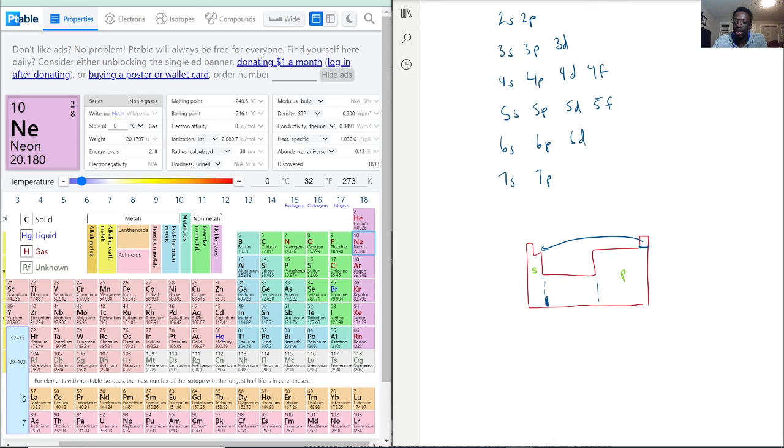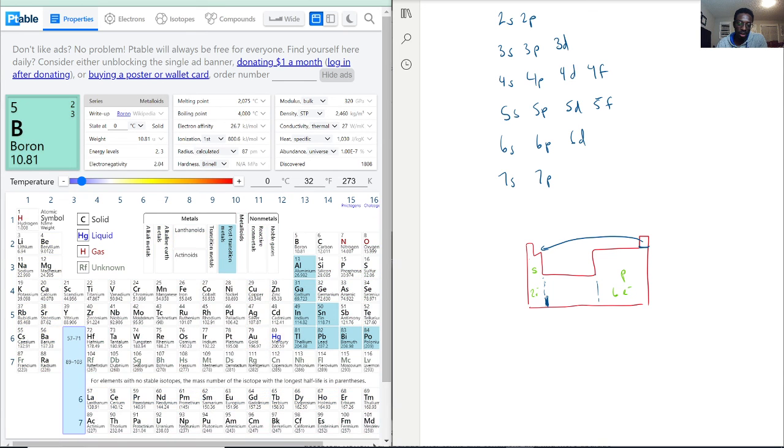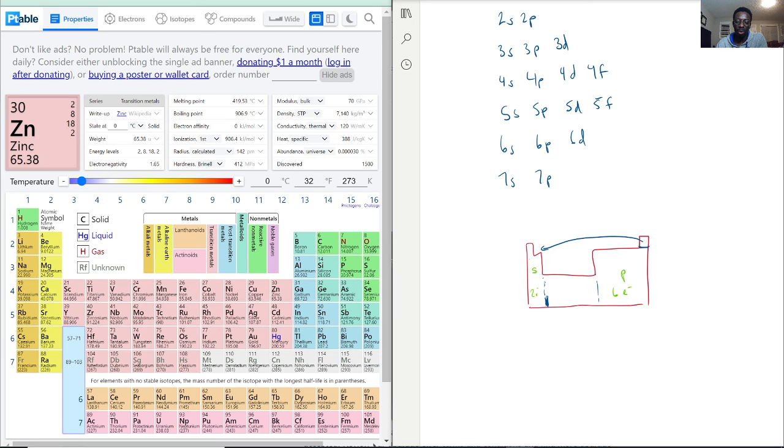And they count as in P1, P2, P3, P4, P5, 6. So P, the maximum it can have is 6 electrons. And S, as you can see, because there's only 2 columns I referred to, is just 2 electrons. D orbitals, which is the next one, is going to be your middle from columns 3 through 12, consisting usually of just the transition metals. So this would be your D orbital, okay? And this one can hold up to 10 electrons, which also coincides with the amount of elements there are spanning the D orbital.